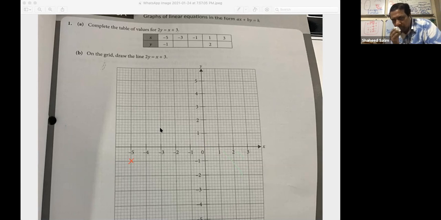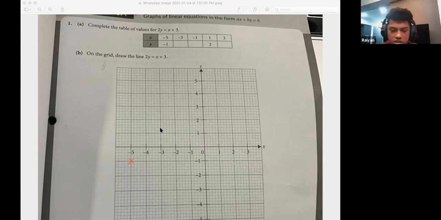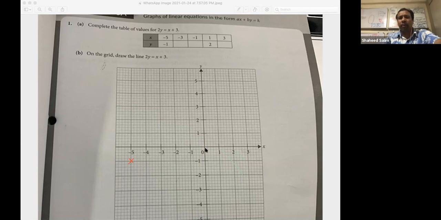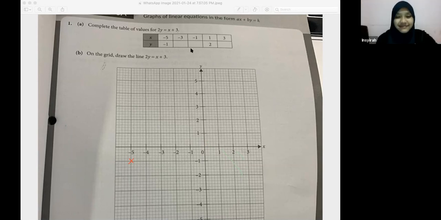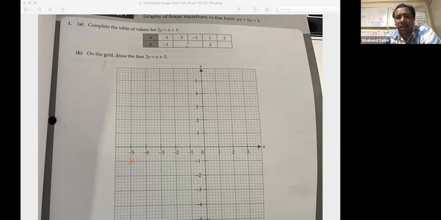Cannot? Okay, then I will annotate. Ryan, can you annotate? No. Inshira, can you annotate? You're the one to annotate. Okay. I don't know how to annotate. What's the reading? X is -3. Y is how many?